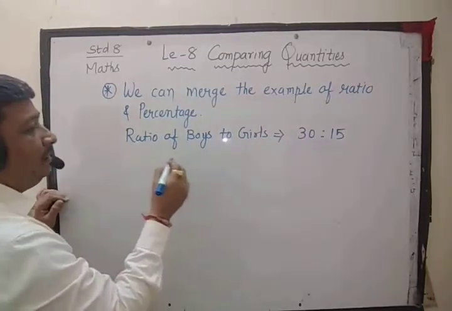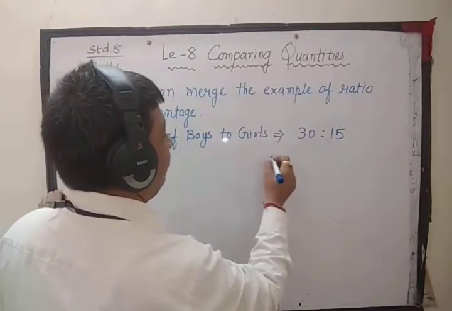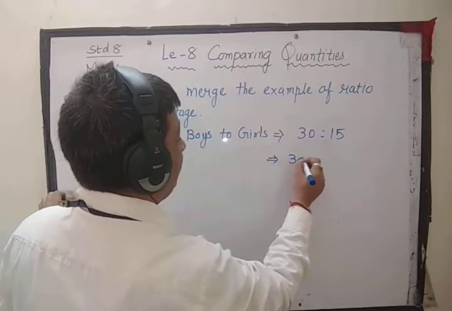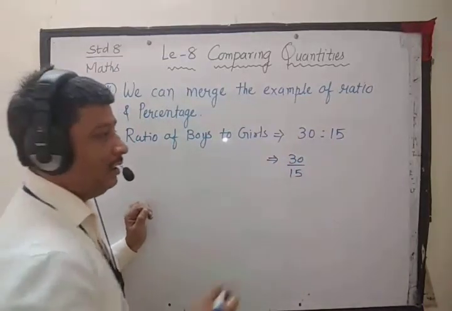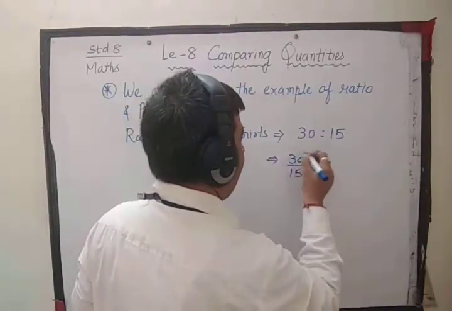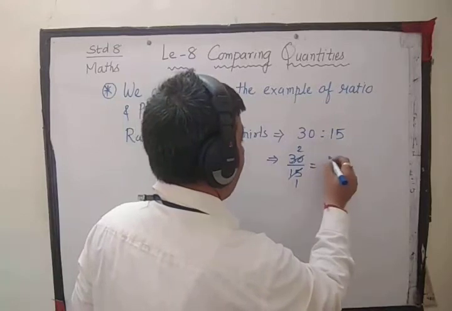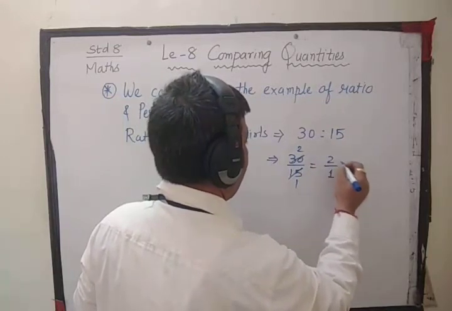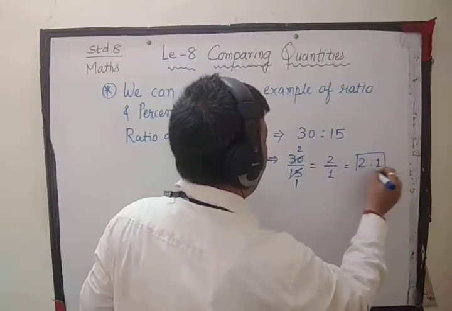But for this ratio, we can first convert into fraction form, that is 30/15, and that will be 2:1. This is the ratio we have.